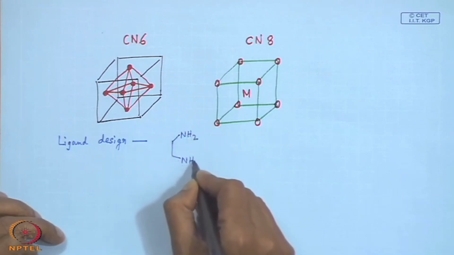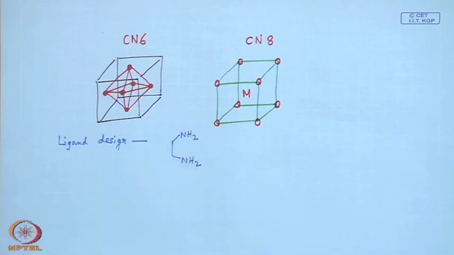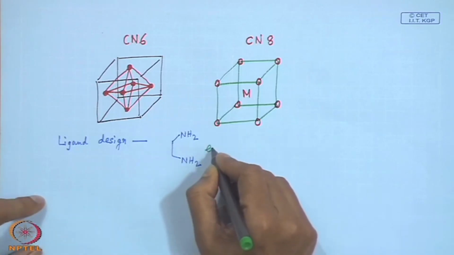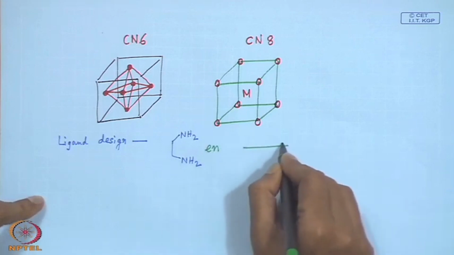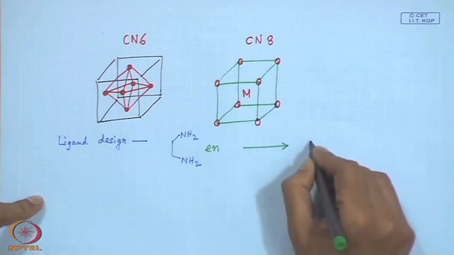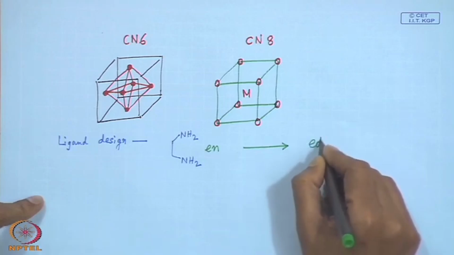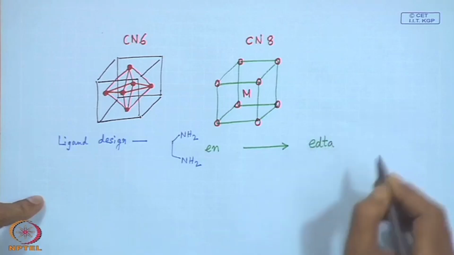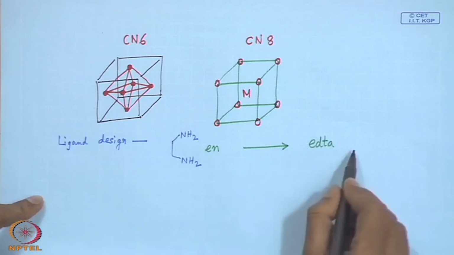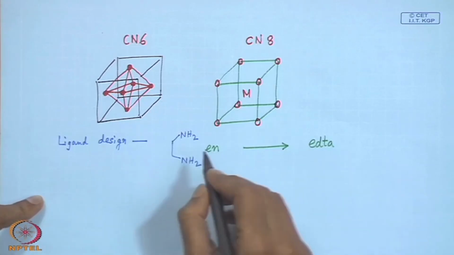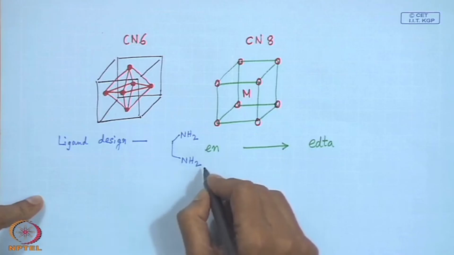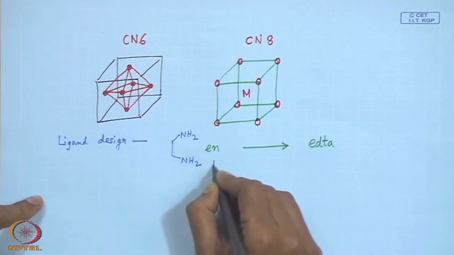We can talk about ethylene diamine. This ethylene diamine is nothing but a bidentate ligand with the abbreviation EN. It can go to ethylenediaminetetraacetic acid, or all capital EDTA. So when we are derivatizing this particular ligand, the ligand denticity, this is bidentate.